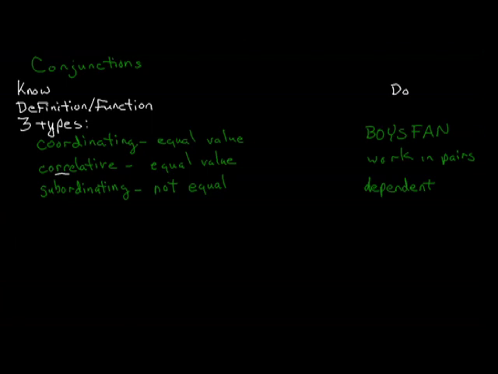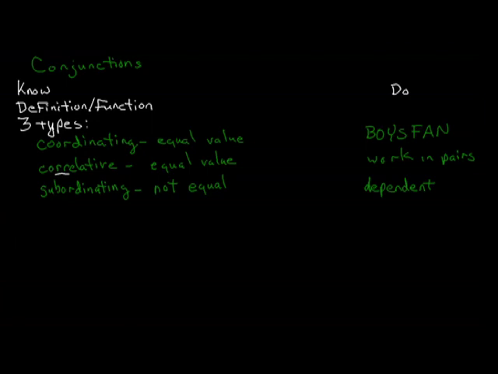So if you connect two sentences and one of those two sentences or clauses is dependent on the other, you're going to end up with a subordinating conjunction. If you understand conjunctions, you can write better sentences. The word if is a subordinating conjunction, and it makes that part of the sentence dependent on the second part. And you'll be able to practice these and see them in the exercises section.